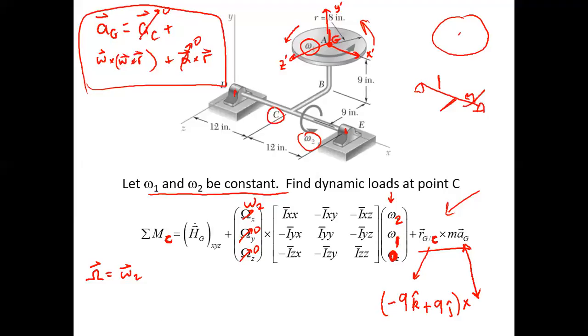If I look there, the x prime, y prime is a plane of symmetry. The y prime, z prime is a plane of symmetry. And really, even the x prime, z prime is a plane of symmetry. Does that make sense, everybody? So that means I have what type of axes?